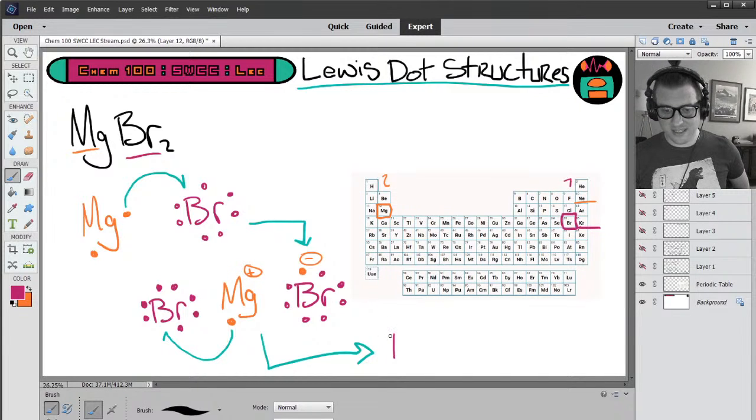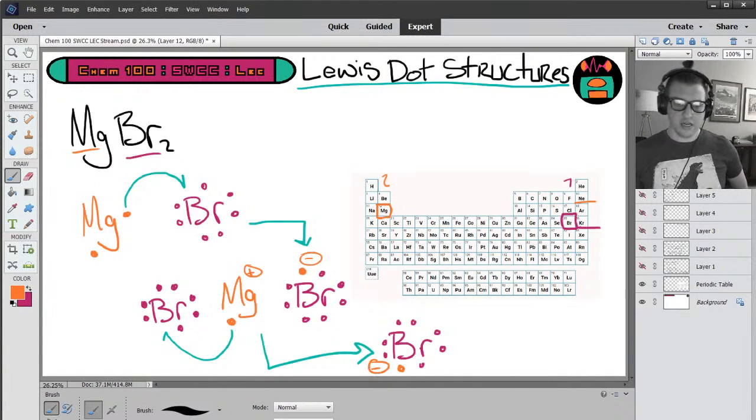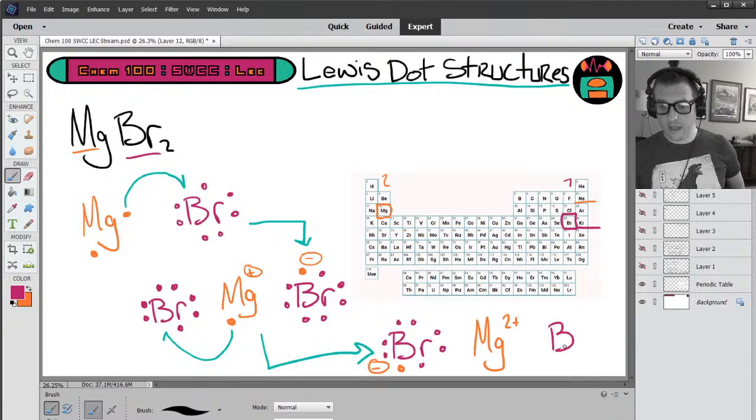After that second step in the reaction, here's what we have. Our second bromine now has a complete octet and a negative charge. Our magnesium has lost 2 negative charges, so now it has a charge of positive 2. And our first bromine is still just chilling.